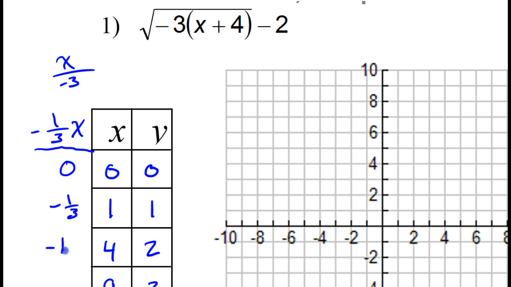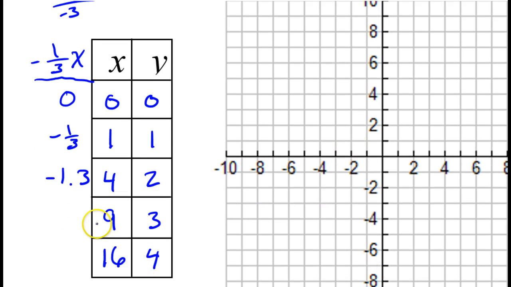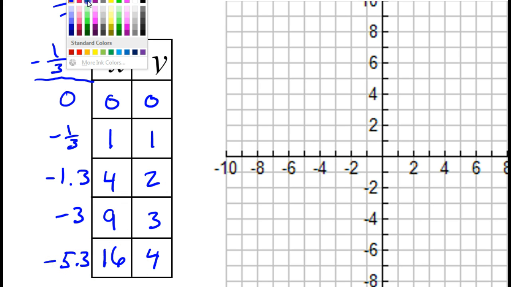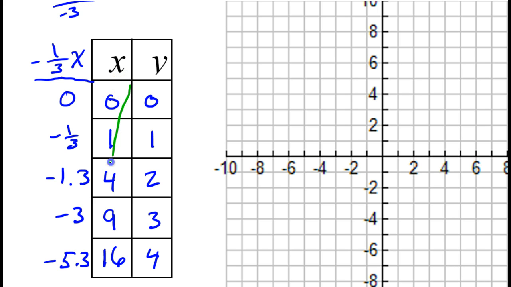So we're going to put -1.3. Now, of course, 9 divided by 3 is 3. So this will be just -3. So help me out. What's 16 divided by 3? -5.3. So these are the new x values. All right? So I will go ahead and cross out the old x values because we're done with them.